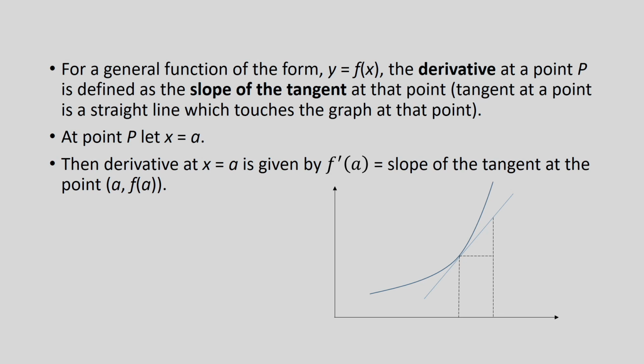For a general function of the form y is equal to f(x), the derivative at a point P is defined as the slope of the tangent at that point.